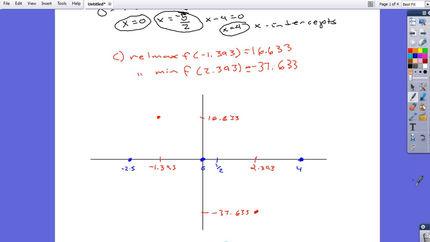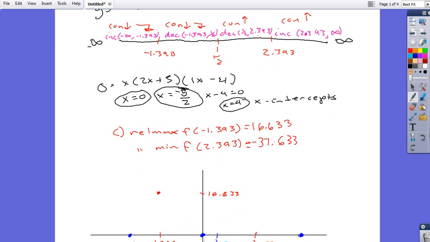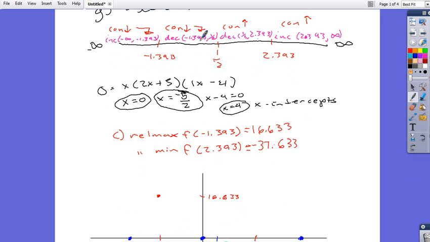And now I just look at my sign chart. I know that I am concave down and increasing, then concave down and decreasing, and I know I have a, sorry, I still forgot, critical point, inflection point, critical point. I know I have a critical point there, so it's going to be a relative max.